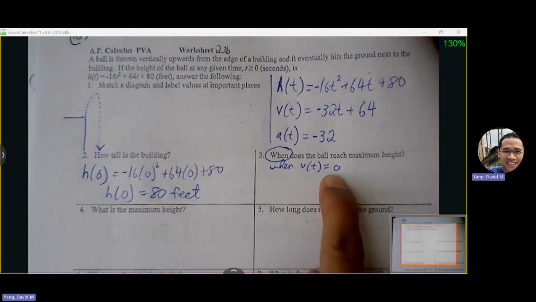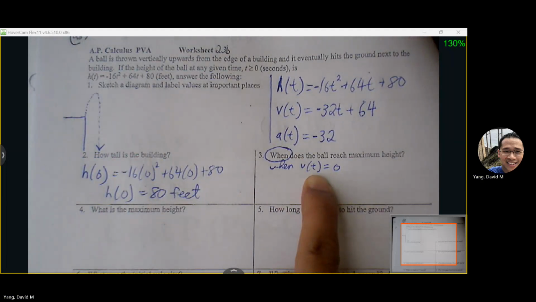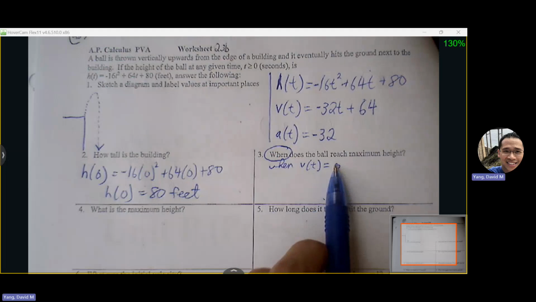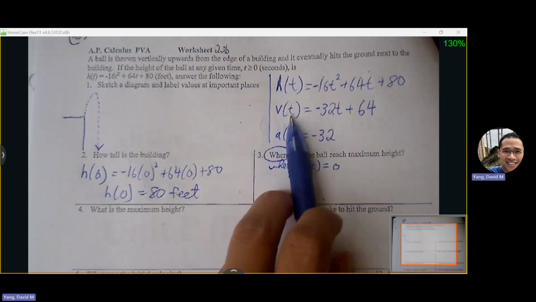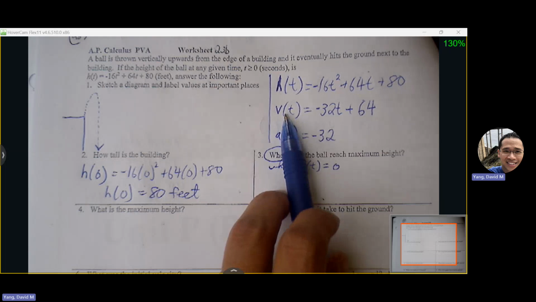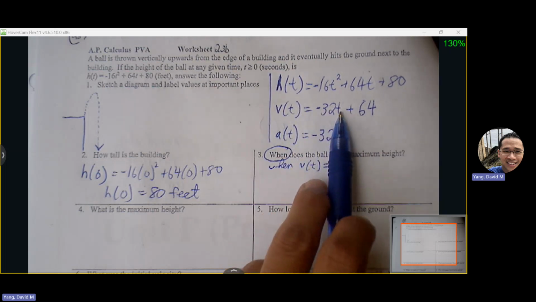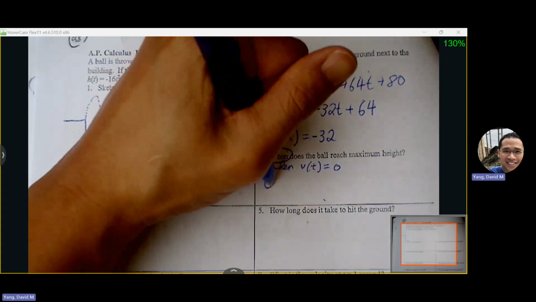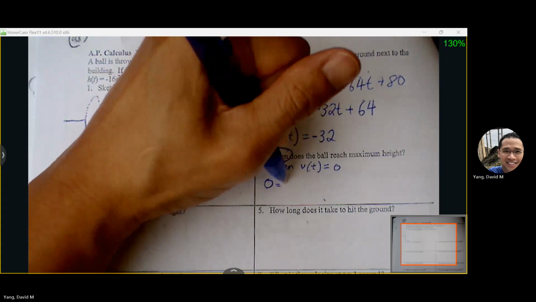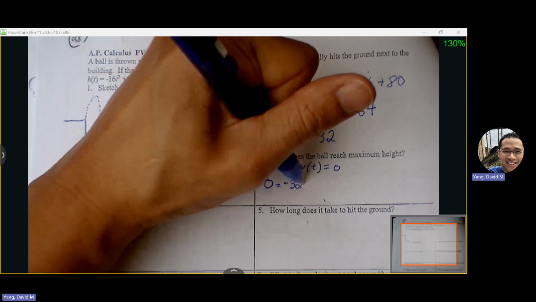So I can plug 0 in for what? Do I plug 0 in for t or 0 in for the v of t? V of t, yeah, because I know what velocity I have, but I'm asking the velocity function, what time did I achieve the velocity of 0? So I can plug 0 in for v of t and then solve for t.